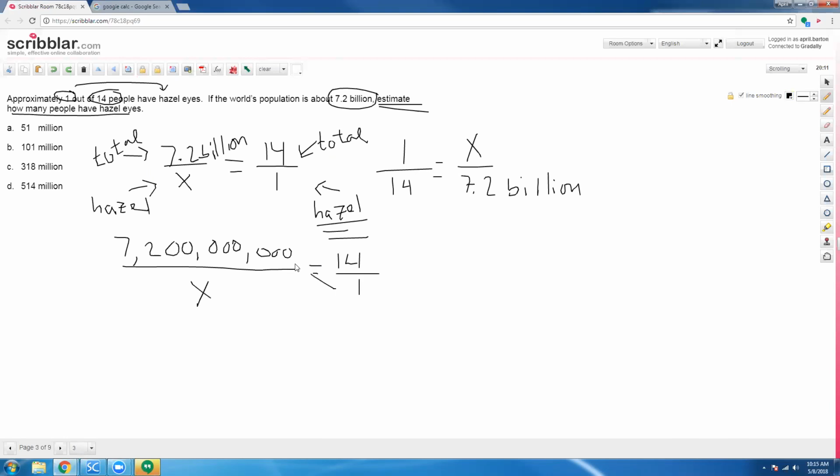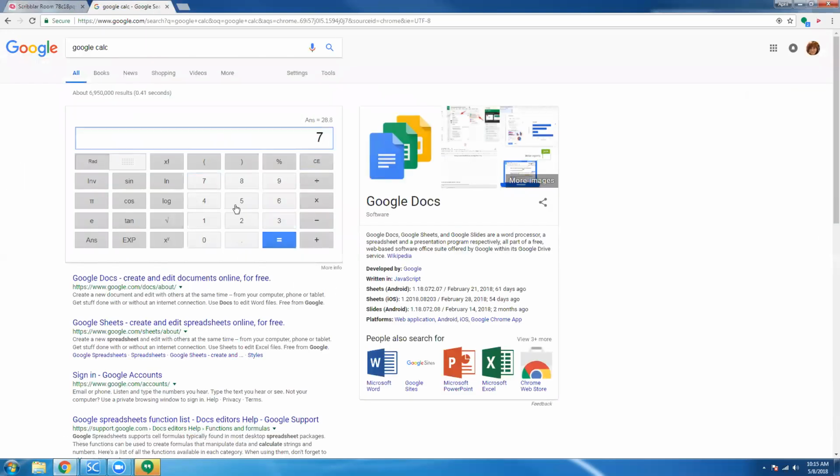We cross multiply to solve. 1 times the 7.2 billion or 7,200,000,000. It's hard to say those big numbers, but that number, 7,200,000,000, times 1 doesn't actually change the number.